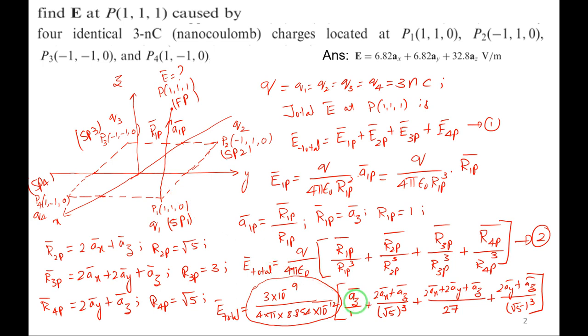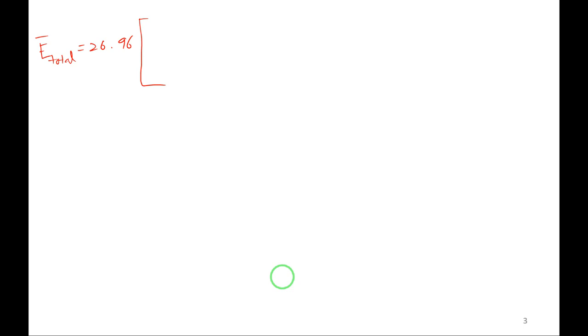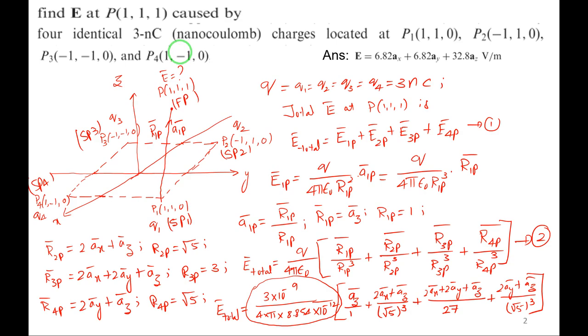AZ plus 2AX, 2 by root 5 whole cube. Let me calculate root 5 whole cube.